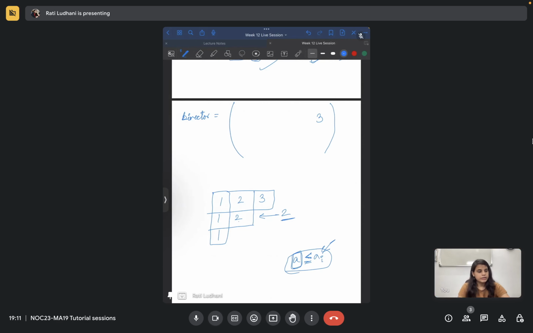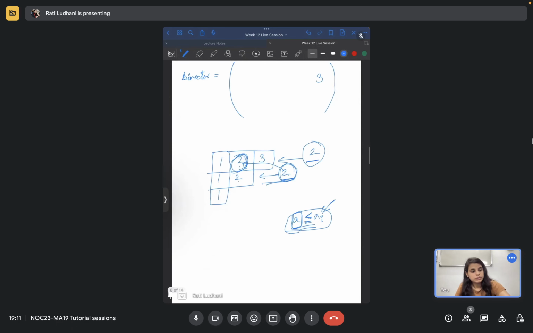Now we will move to the first row. We need to find out this number which we must have inserted. Again, 2 must have been bumped out. As we can see, equality is allowed, so this 2 will go out and this 2 will be in.